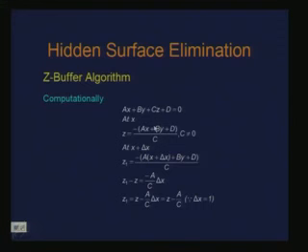So, if I have this polygon defined as ax plus by plus cz plus d equals 0, let us say I am talking about a scan at a given value of y, where I am looking at various x values, right.